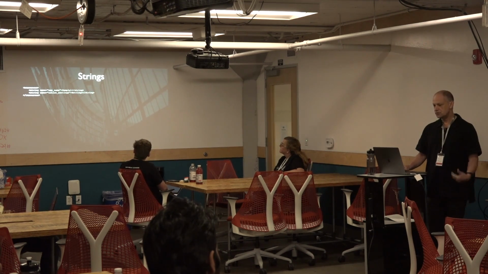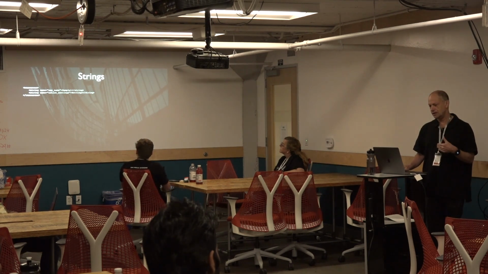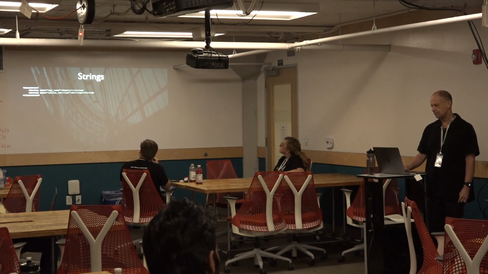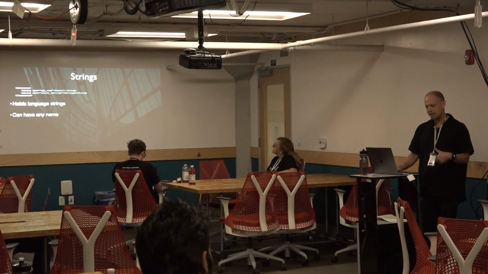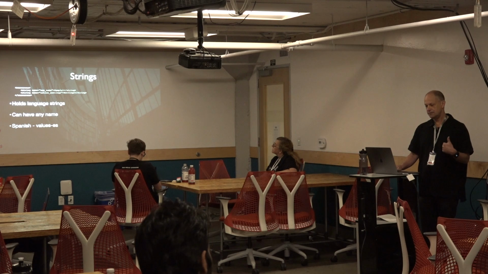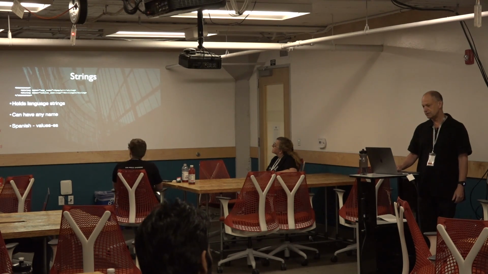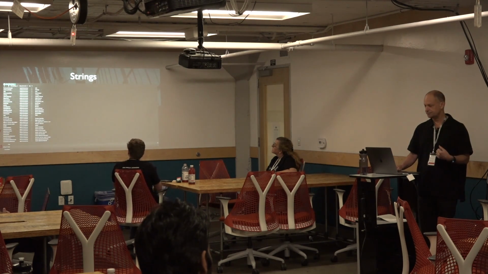And then again, with strings, this is how you define them. You give it a name and a string, and then in a translated file, it would be, say, the Spanish version and so forth. So it can have any name. And then here's an example of a values-es directory for Spanish. And then you can also have string arrays.